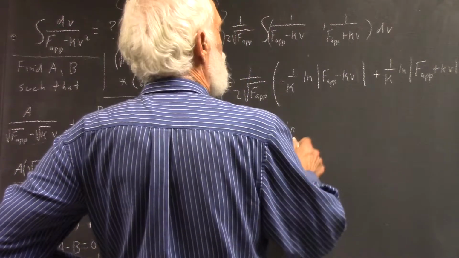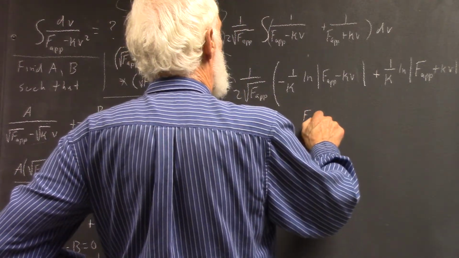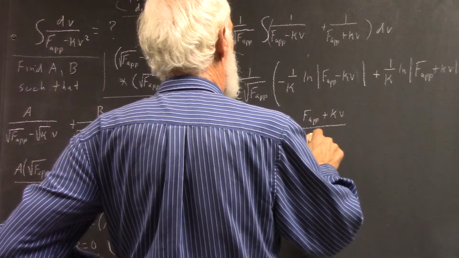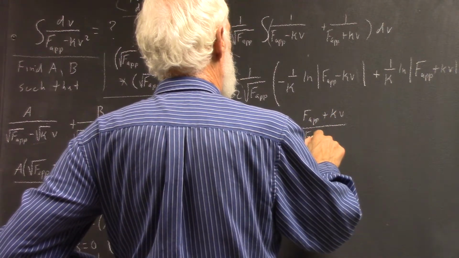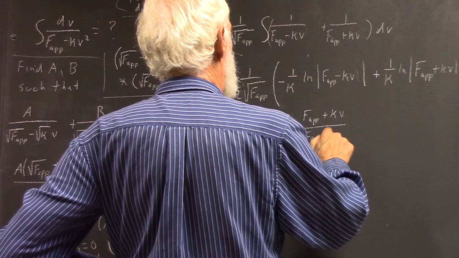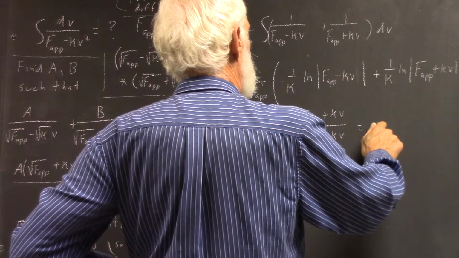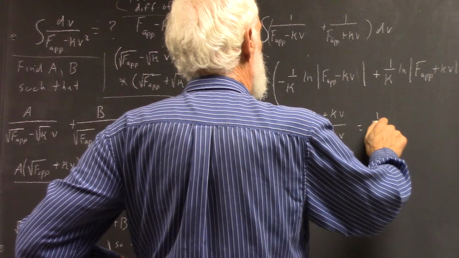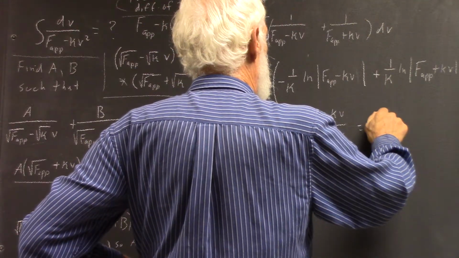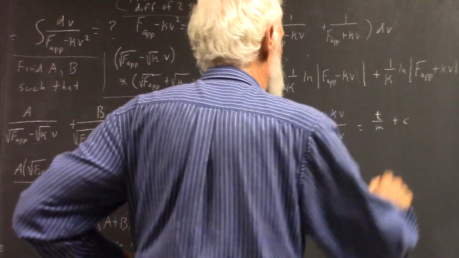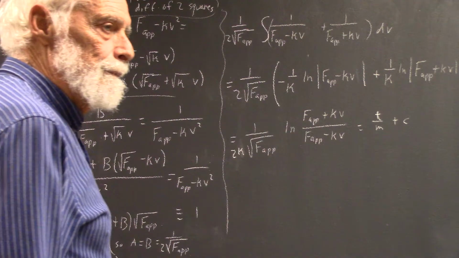Okay, anyhow, we get the natural log of this, and this is, I'll just put it as t over m plus a constant. Okay?